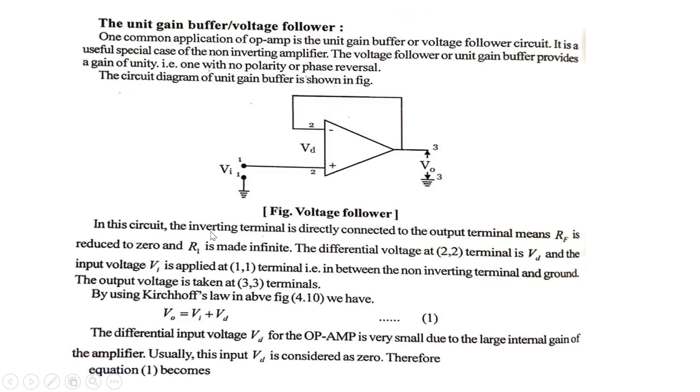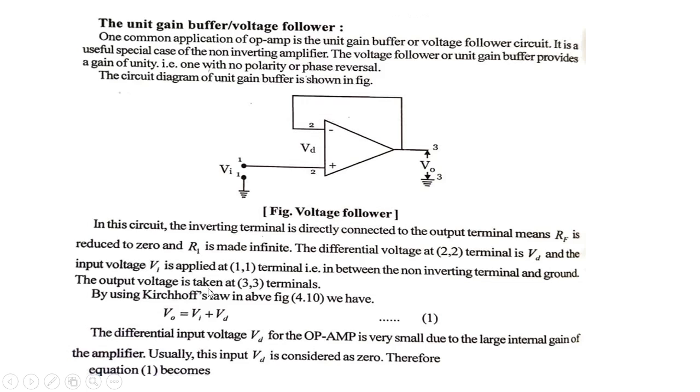In this circuit, the inverting terminal is directly connected to the output terminal, which means RF is reduced to 0 and R1 is made infinite. The differential voltage at terminal 2 is VD and the input voltage Vi is applied at terminal 1, that is, between the non-inverting terminal and ground.